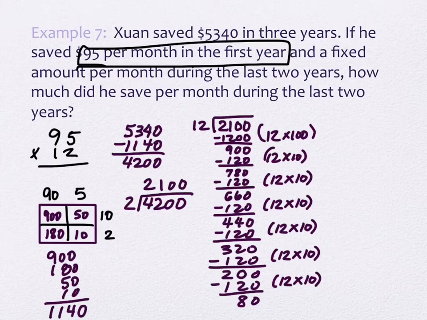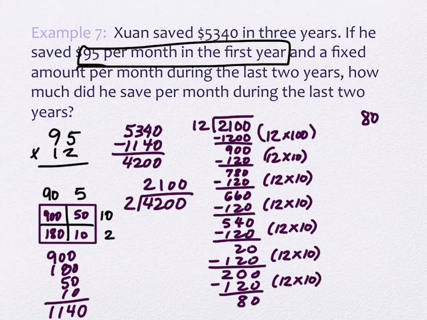Did everybody end up at 80? Okay, I can't subtract 120s anymore, but what could I subtract? On your 660, it was 5. Thank you. I knew when I was moving quickly through there I was going to make a mistake.